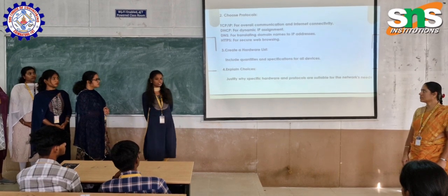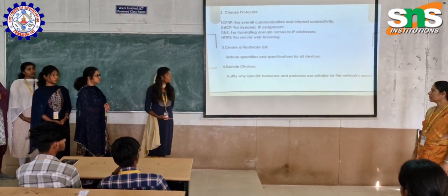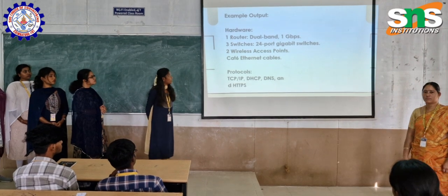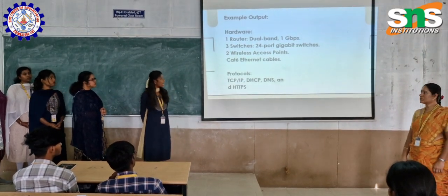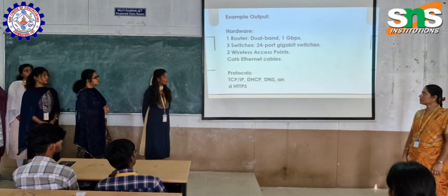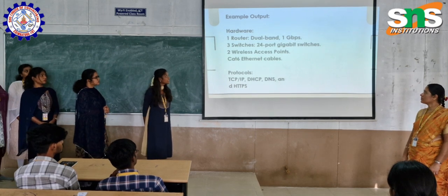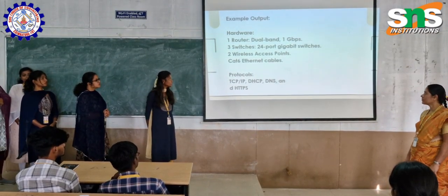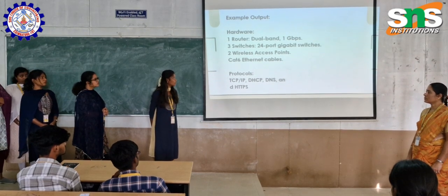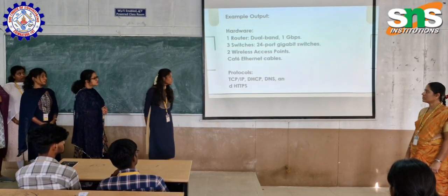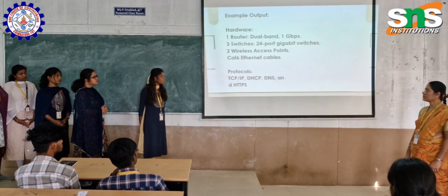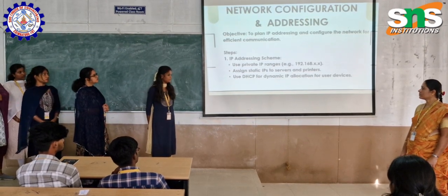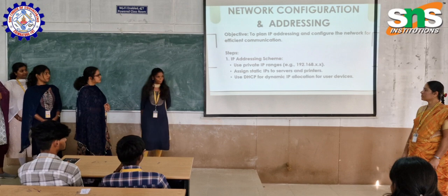Explain choices. Why we are choosing that hardware and those protocols is explained in the explain choices. The output is hardware: router, dual band 1 Gbps, and switches, 24 port switches, wireless access points, Cat6 external cables, and protocols TCP/IP, DHCP, DNS and HTTPS are used.